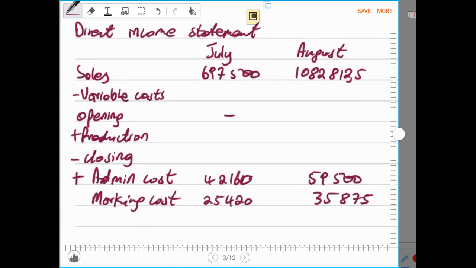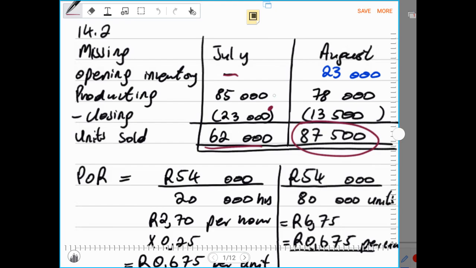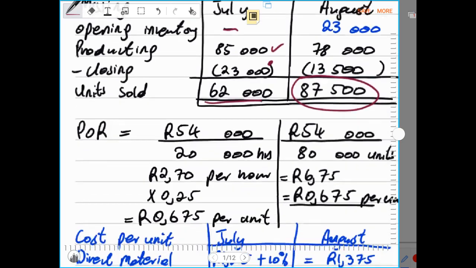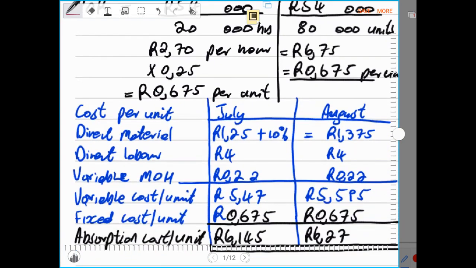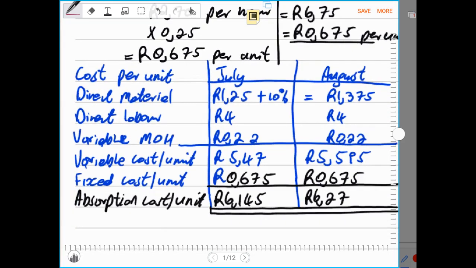So now we still have to deal with the opening and the production. Our production for the month of July was a number of units. It was 85,000, times by the variable cost per unit. Remember, we are dealing with the direct method or variable method.